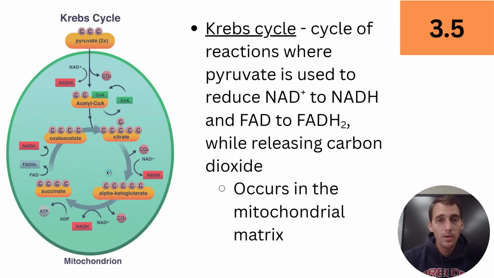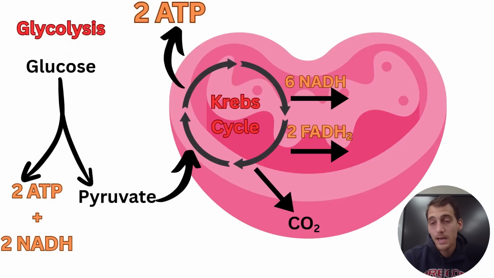So the Krebs cycle, here's our formal definition. It's a cycle of reactions where pyruvate is used to reduce NAD+ to NADH and FAD to FADH2, so they're going to be carrying electrons while releasing carbon dioxide as a byproduct. Here are some specifics. There are enzyme-mediated reactions here, and it produces some ATP, some carbon dioxide, and some NADH and FADH2.